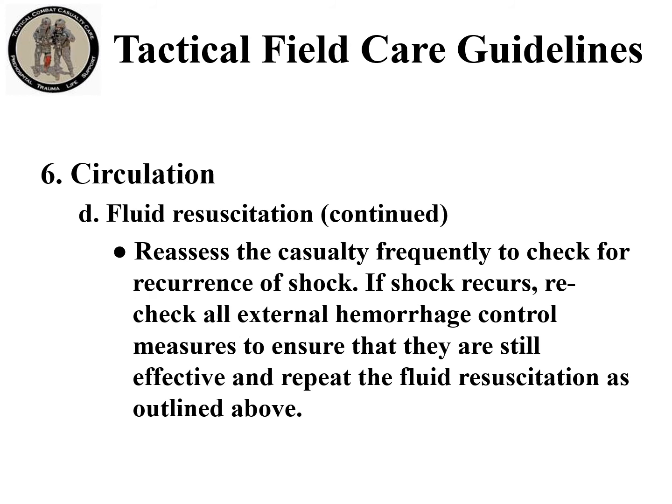Reassess the casualty frequently to check for recurrence of shock. If shock recurs, recheck all external hemorrhage control measures to ensure that they are still effective, and repeat the fluid resuscitation as outlined above.